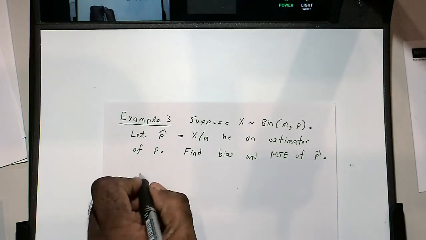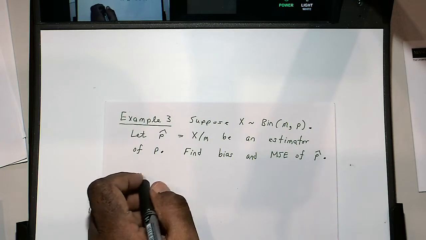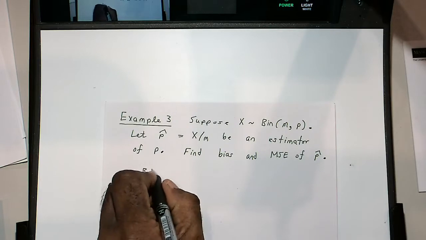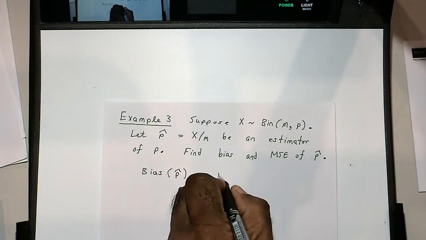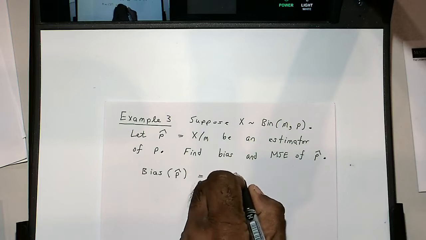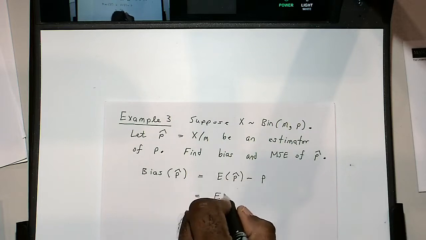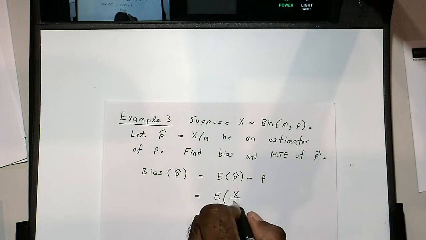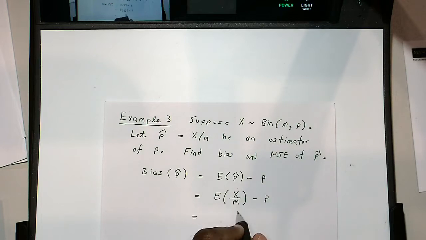So in order to find the bias, I'm going to once again use this formula here. This is the definition of bias. So the bias of p hat is equal to the expectation of p hat minus p, right? Which is the expectation of X divided by m minus p. Now m is a constant, so you can pull it outside.